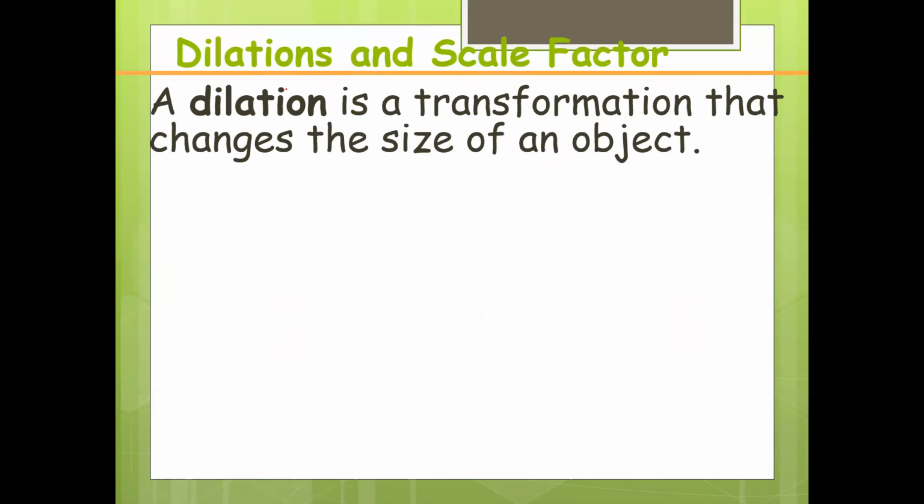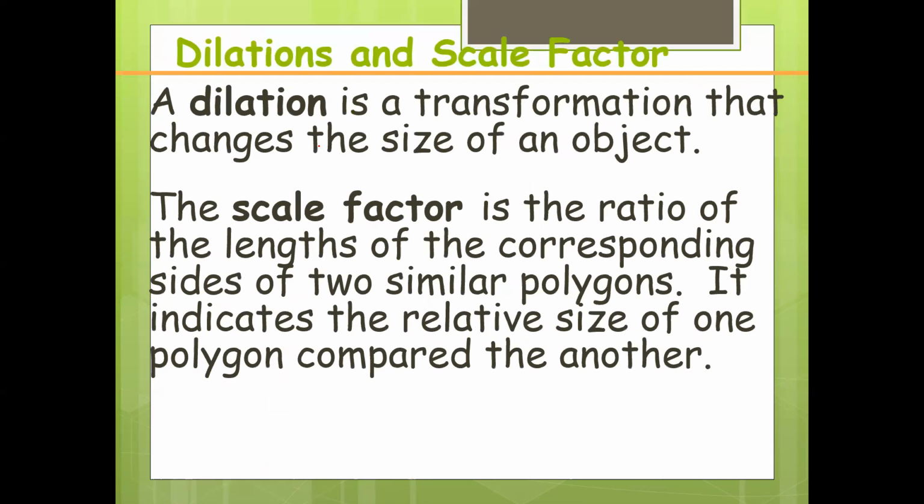So, dilations and scale factors. Dilation is a transformation that changes the size of an object. This relates to physics. Scale factor is the ratio of the lengths of the corresponding sides of two similar polygons. It indicates the relative size of one polygon compared to the other.